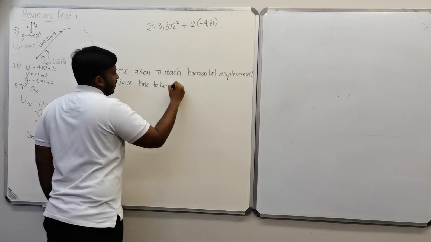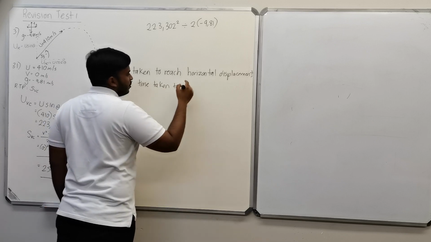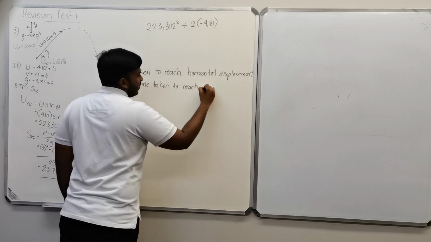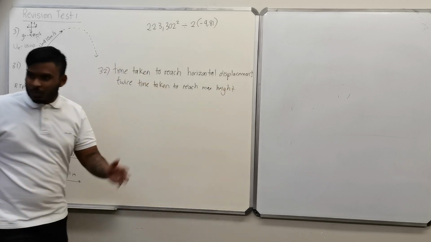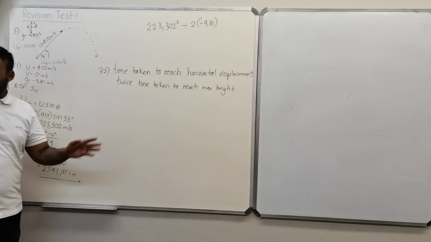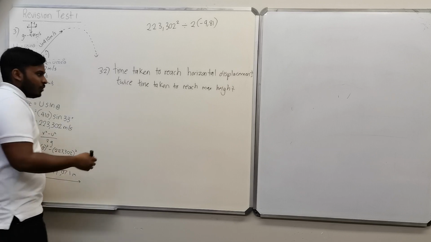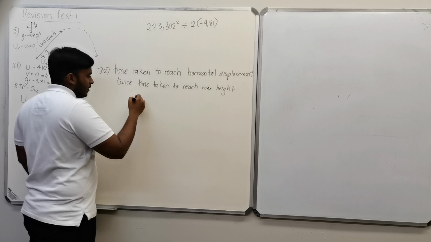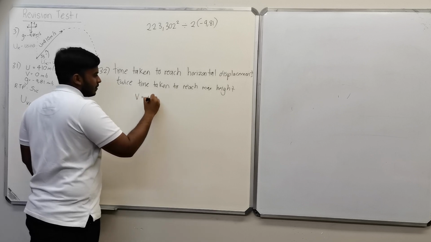Now do you have to write it down? No, I'm just saying it for all of us. So we can just go: time taken to reach maximum height. Which is why the first thing we're doing is working out the time taken to reach your maximum height. Which formula would you have used? For the time? V equals U plus at.